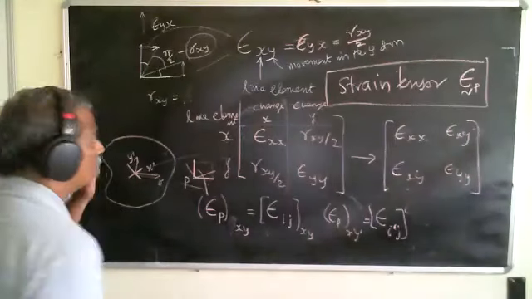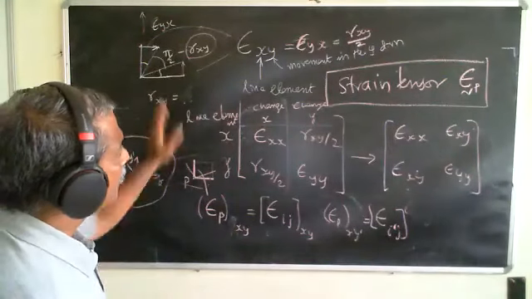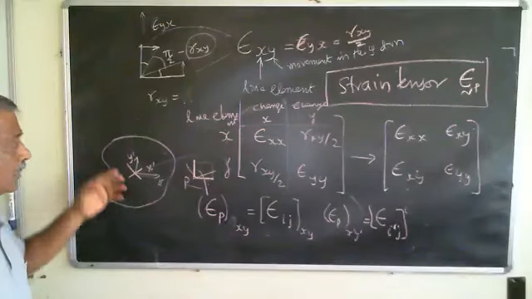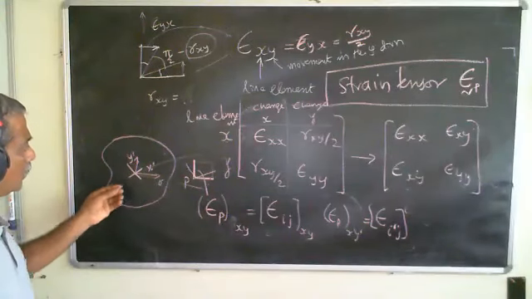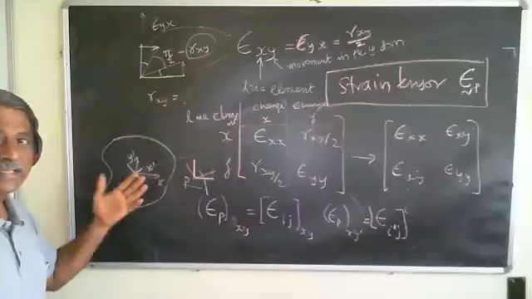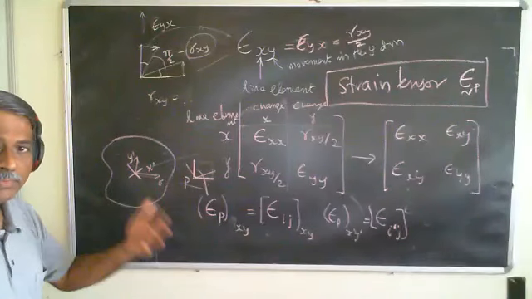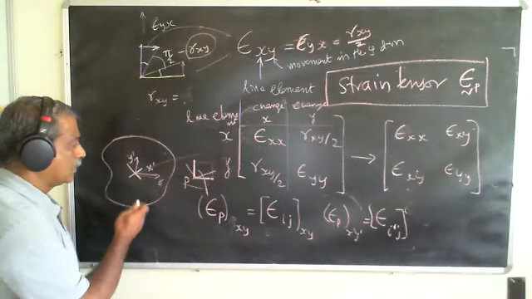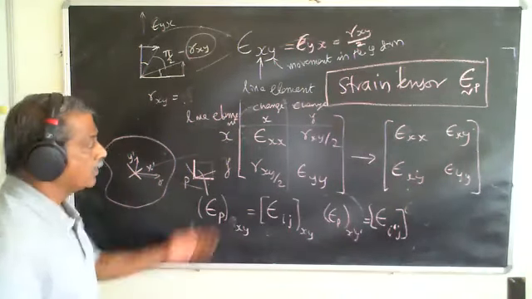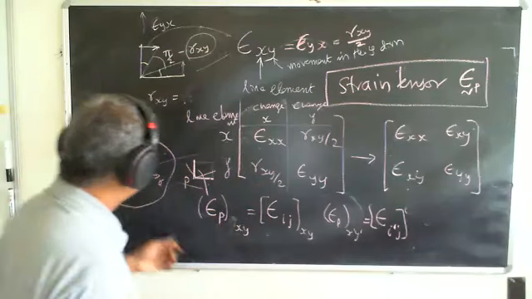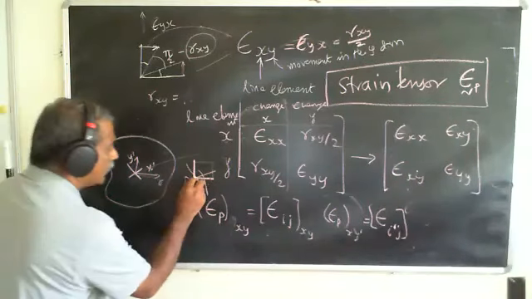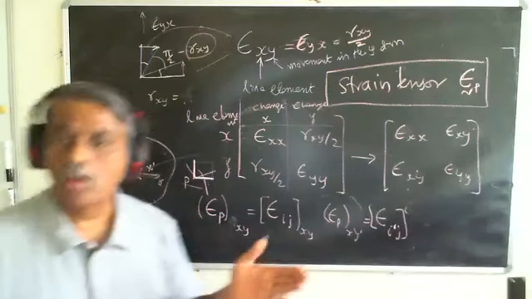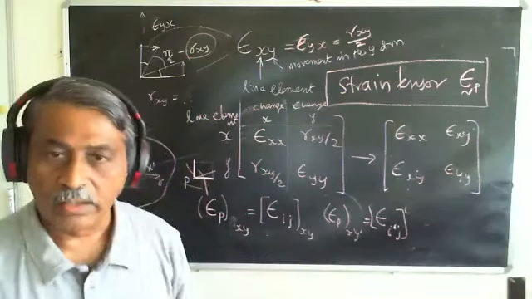Okay, so I have something on the board. So just to recollect, we are looking at the strains now, right? That's what we started discussing last time. The strains as such can be written in terms of the changes that occur on two line elements, one along the x-axis, the other along the y-axis.